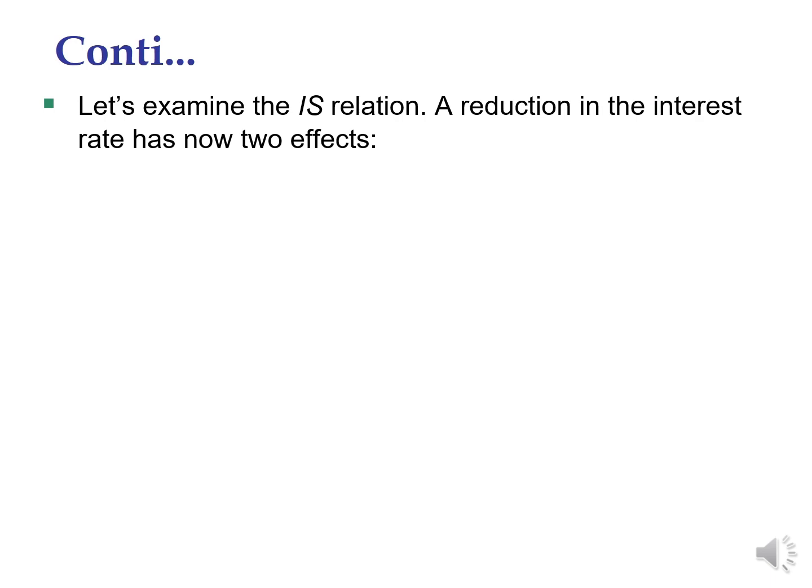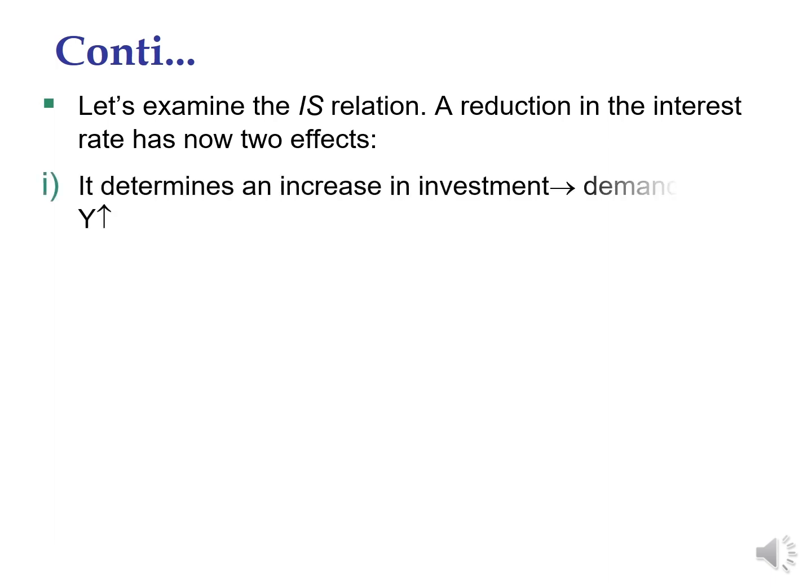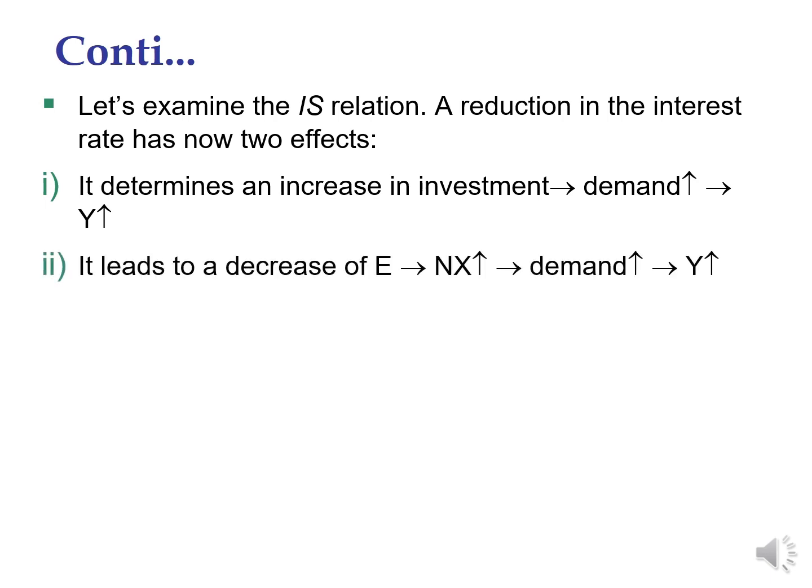Let's examine the IS relation. A reduction in the interest rate now has two effects. Number one, it determines an increase in investment, or we can say demand increases, so output automatically increases. Number two, it leads to a decrease of E, the exchange rate, which increases net exports, or exports minus imports, which increases the demand, and output automatically increases.